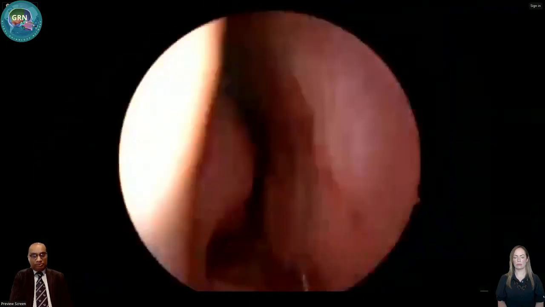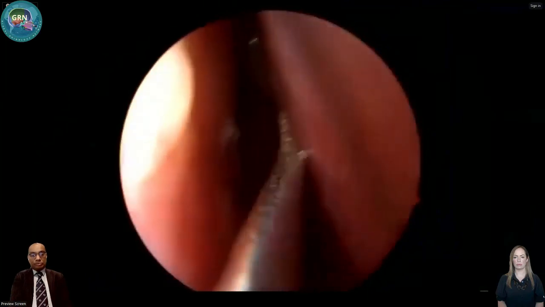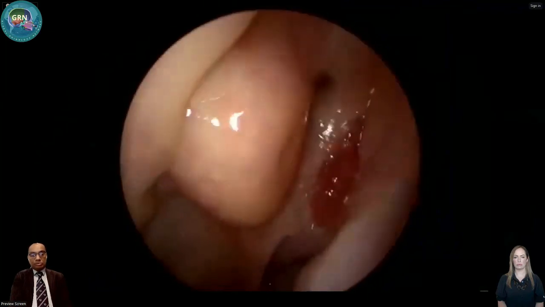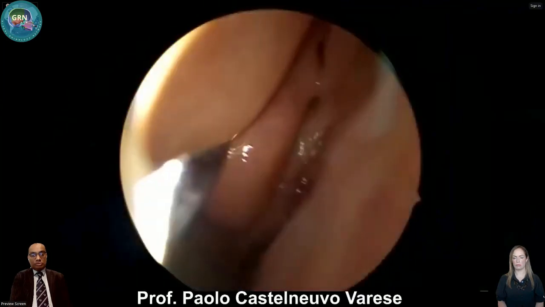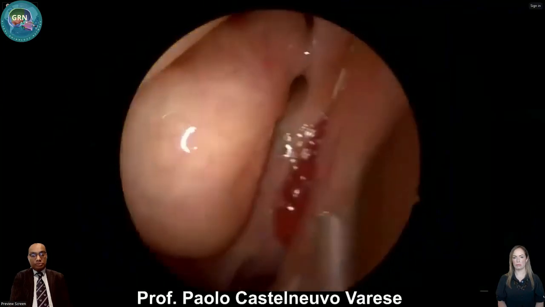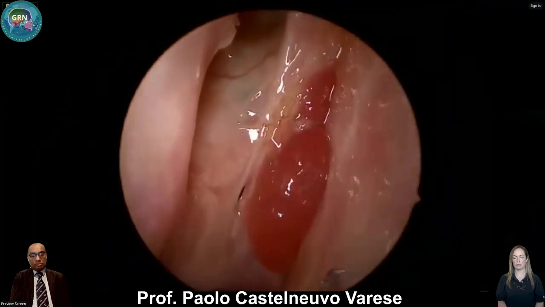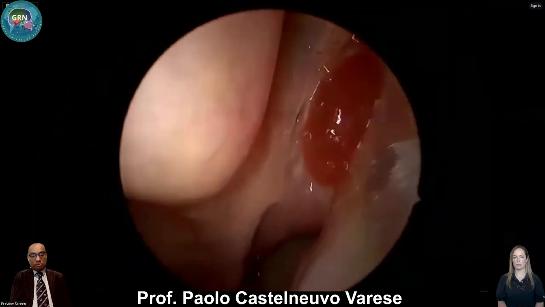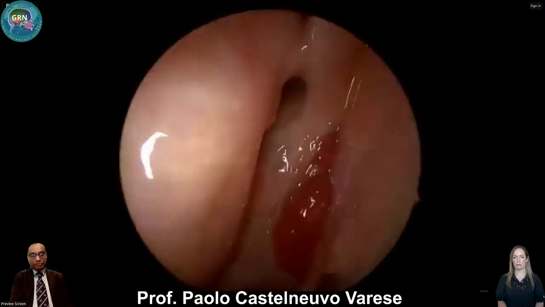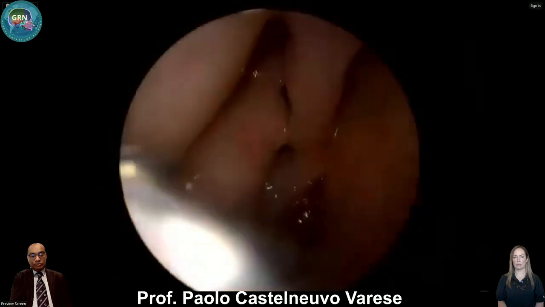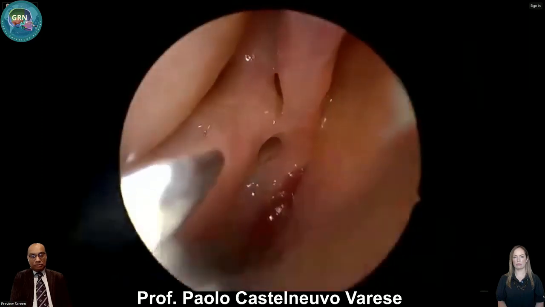Again, this is the uncinate process, the bulla, and this is the residual tumor in the olfactory groove, in the olfactory fossa. This is the uncinate process and bulla.